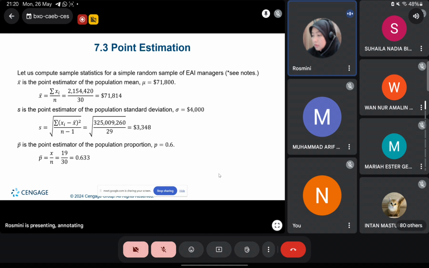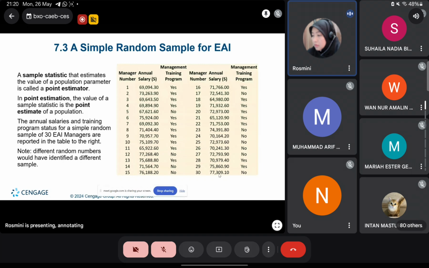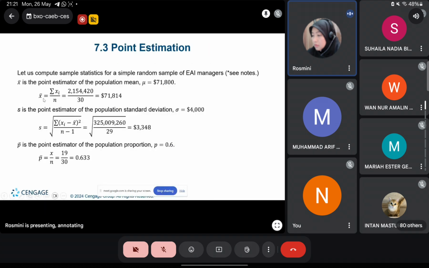So what we are trying to find out is the mean or the average of salary. What is the average salary for these 30 samples that we have chosen? These are the salaries according to manager. Manager number 1, manager number 2, manager number 3. There are 30 of them. So we try to add up all of them, the sum of Xi.